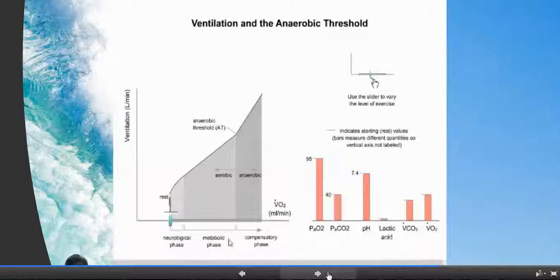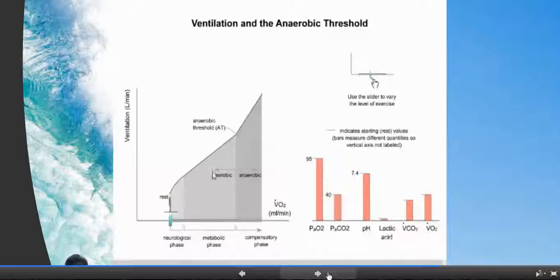The metabolic phase, in which your breathing pretty much keeps up with the amount of oxygen that your body needs, and then the compensatory phase, in which your body really has to work to blow off those additional gases and produce those additional items that your body needs.